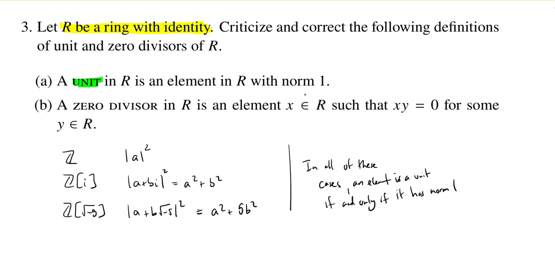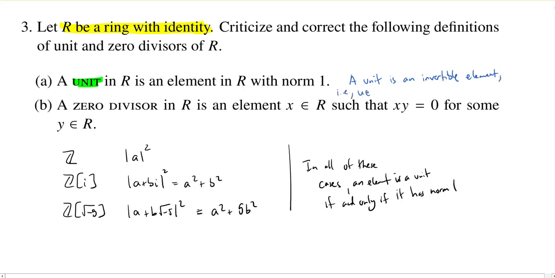So this isn't going to work as a definition based at least on the information we already have. So a better definition for us is one that we gave in class, which is a unit is an invertible element. I.e., u in R is a unit if and only if there exists some v in R such that uv and vu are both equal to 1.